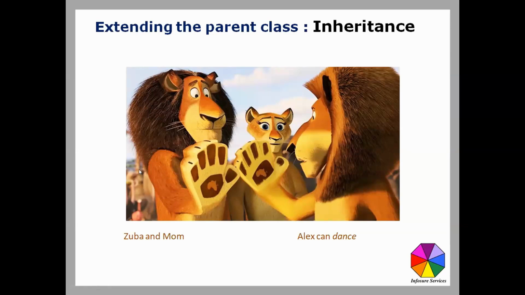in this example, this is a clip from the movie Lion King. Okay, so there's a moment in the movie where this is Alex, and this is Zuba. Zuba and Mom are discovered by Alex.